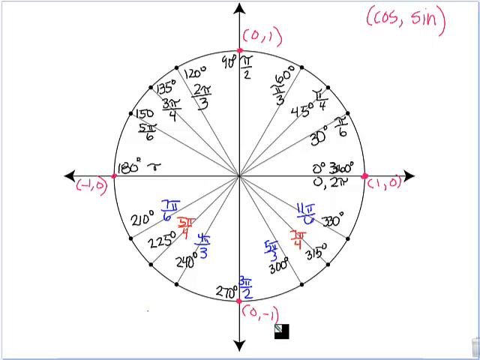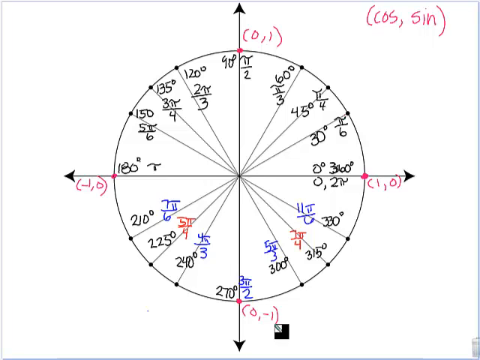In the top half of this unit circle, what are all of your y values? Are they positive or are they all negative? They're all positive. So the sine function isn't able to tell if you were over at 45 degrees or 135 degrees because they have the same exact y value.